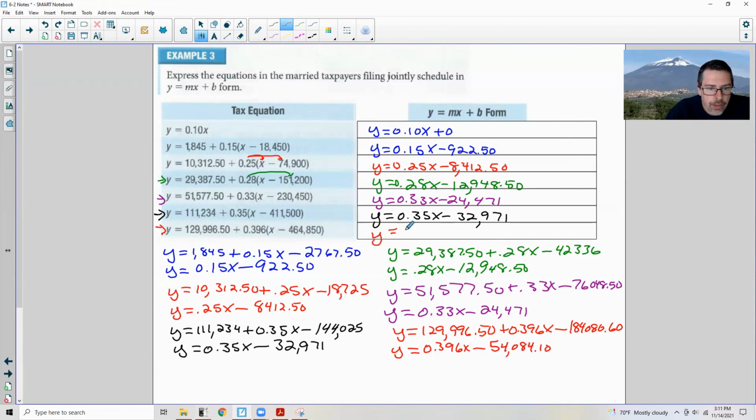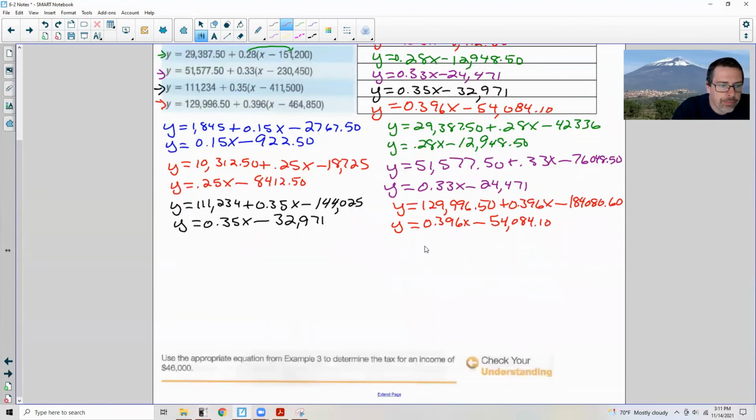So it's y equals 0.396x minus 54,084.10. Okay, so there is example 3.